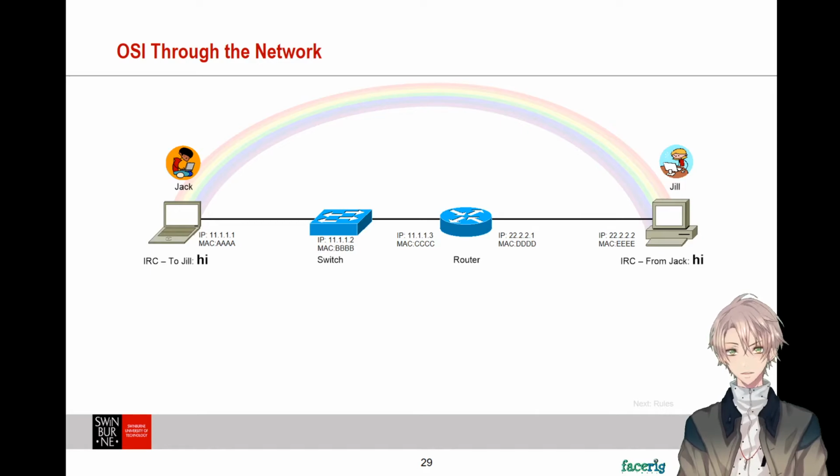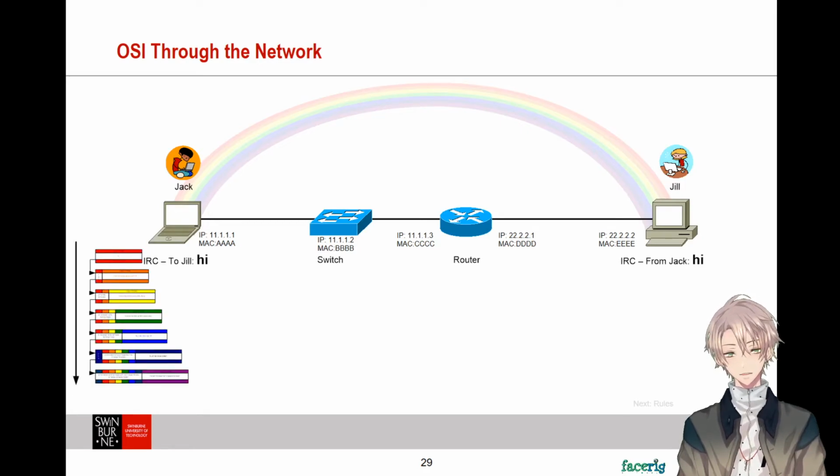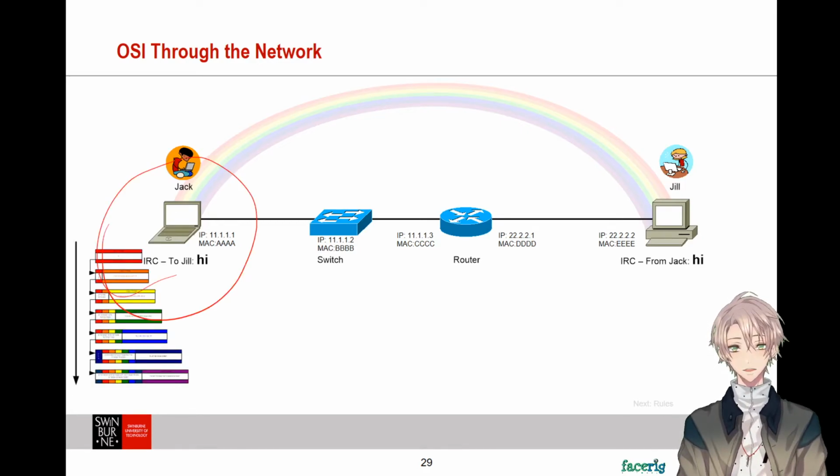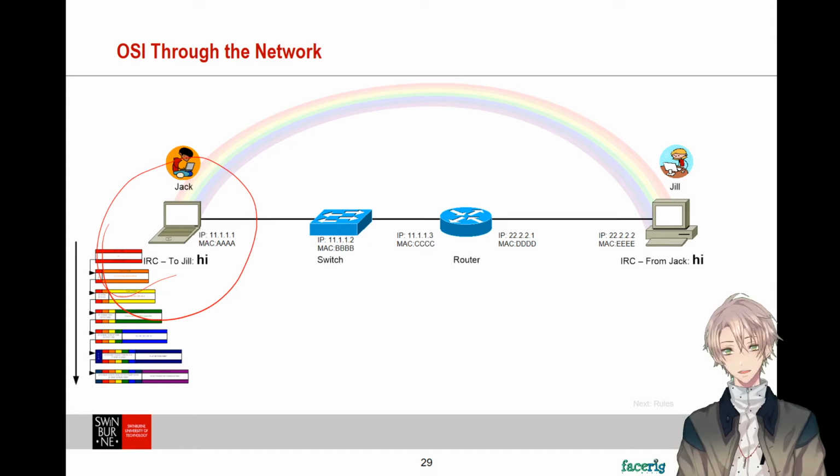As you can see over here, the source device needs to send data to an IP address. It asks itself if the IP address is inside its own subnet. It determines this by using its locally configured subnet mask.